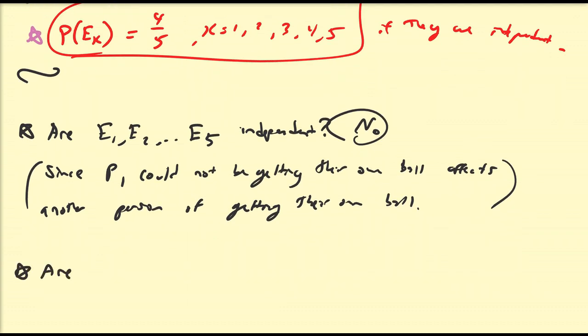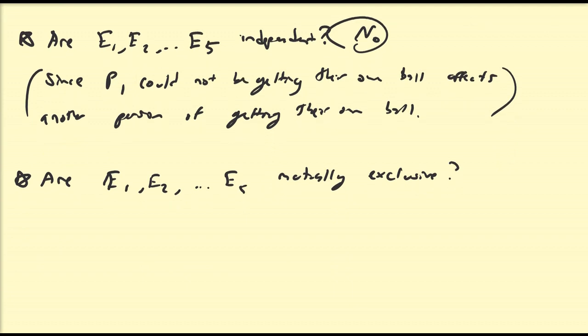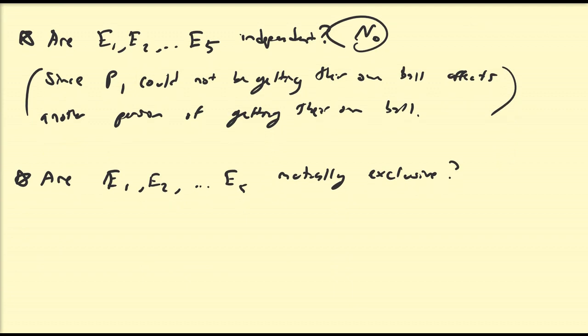So are E1, E2 down to E5 mutually exclusive? So what does it mean to be mutually exclusive? So that means they cannot happen simultaneously. So is it possible that E1, which means the event that person 1 does not have their own hat, and E2, person 2 does not have their own hat, is it impossible that these events can happen simultaneously?